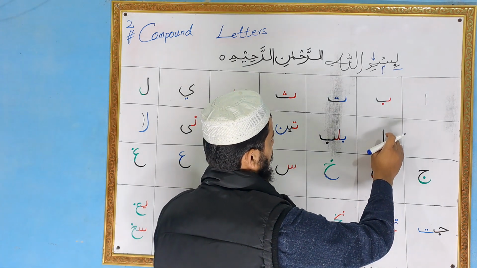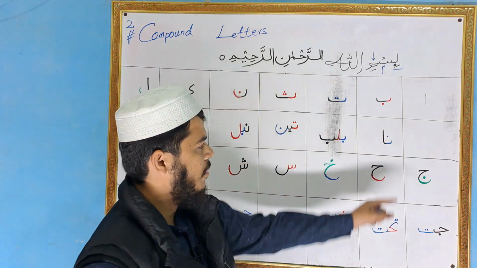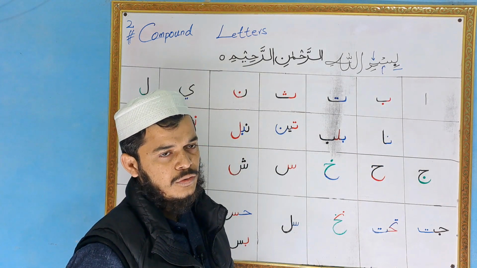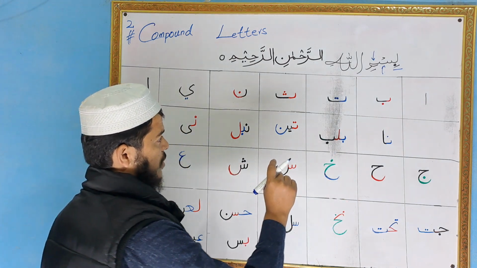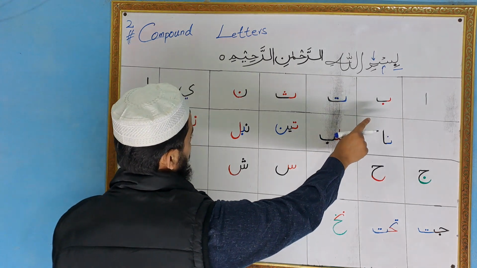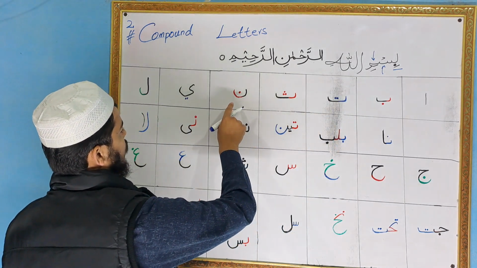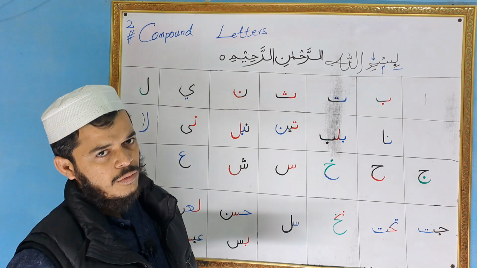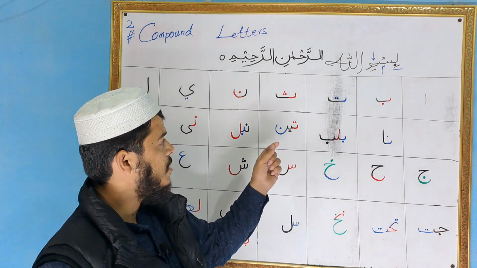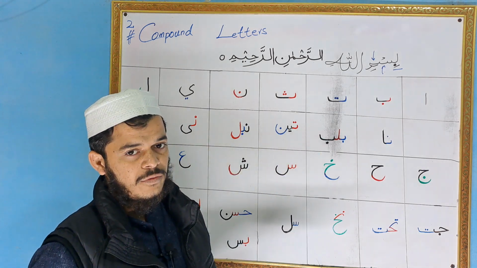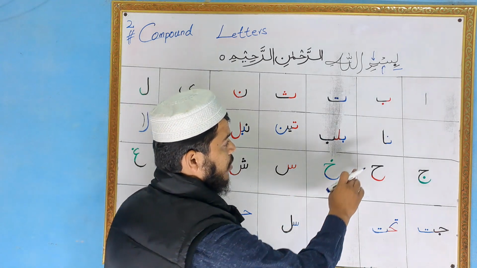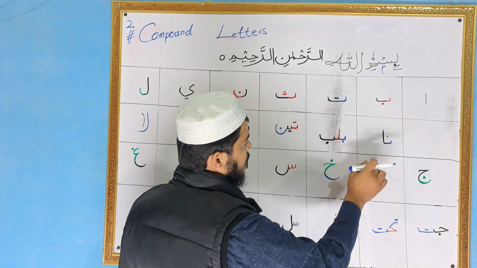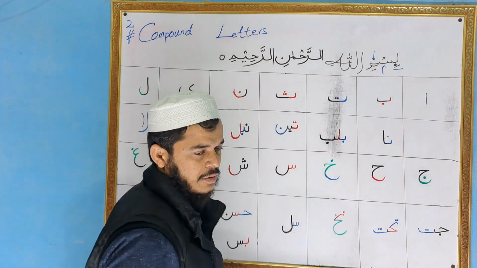If I remove one dot, now it will be noon alif. So as I told you, there is no difference at all between ba, ta, tha, noon and ya. You can only recognize these by the placement of dots and how many dots there are. So you can see we have changed this one shape into all the possible shapes.